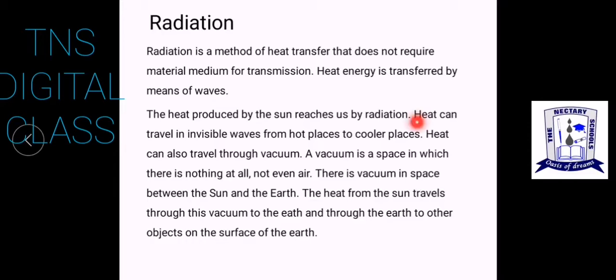Now, heat can travel in invisible waves from hot places to cooler places. As you can see, we cannot see the heat that is touching us from the sun. So that means heat can travel in invisible waves.